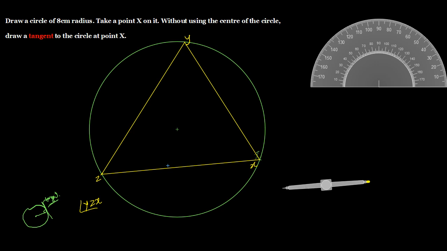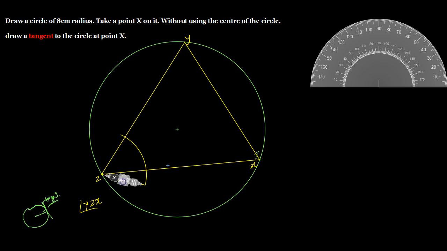So we'll take this compass, place it here, make it smaller, and then draw an arc. So we drew an arc.